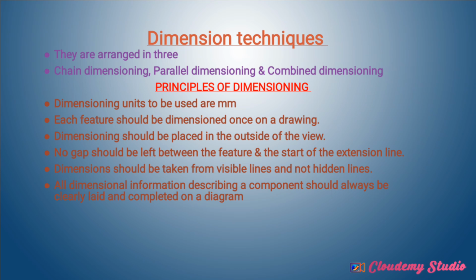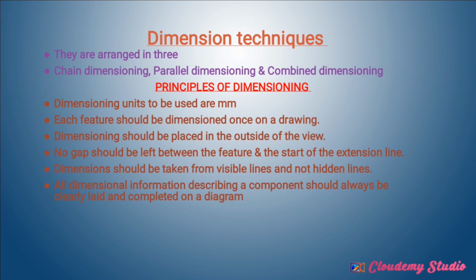What you can do is dimension the whole length, that's something that is visible, and then you leave the others. Then the dimension should be placed on the outside of the view. Of course, when dimensioning an object, you do not dimension inside the object, but the dimension lines should be from the outside, spaced at a distance of 10 millimeters, which is equivalent to 1 centimeter.